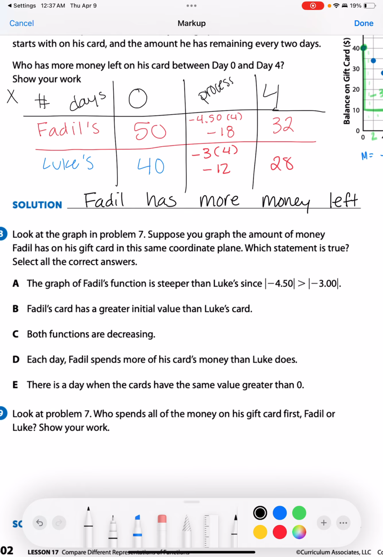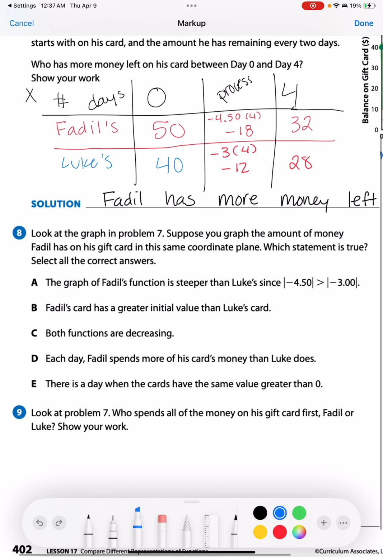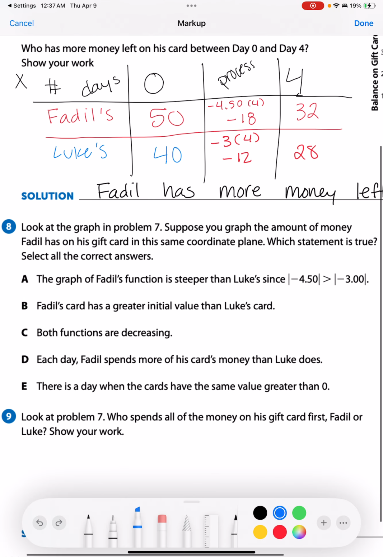All right, and that part is true, the absolute value of 4.50 is greater than the absolute value of -3. But we have to pay attention to the rest of the statement, okay? So, yes, Fadil's is the 4.50 number, and that tracks. So his graph would be steeper. So A would be true.